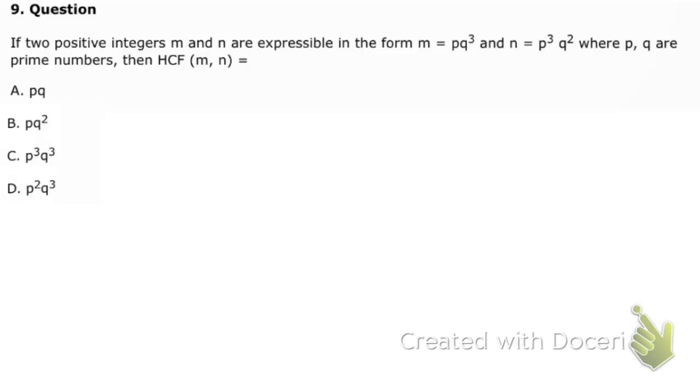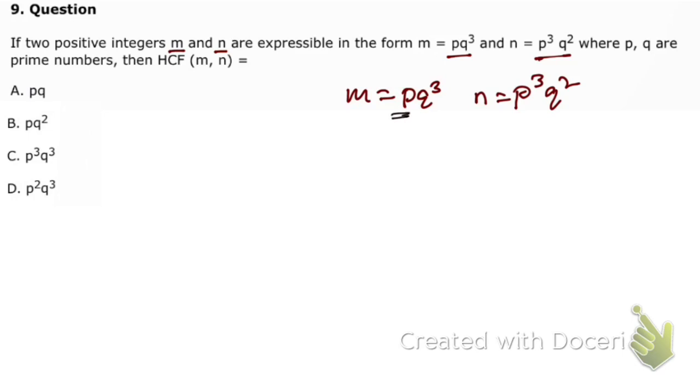Now question number 9. Here you see, two positive integers m and n are expressible in terms of this and this. So m is equal to p q cube and n is equal to p cube q square. That's what we have got. Then what is going to be the ACF?